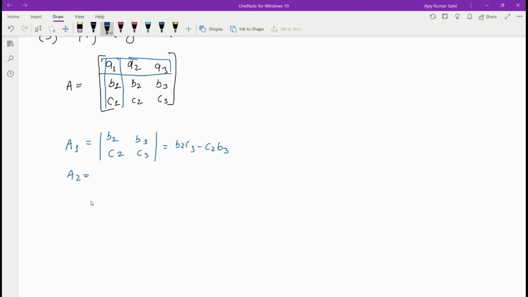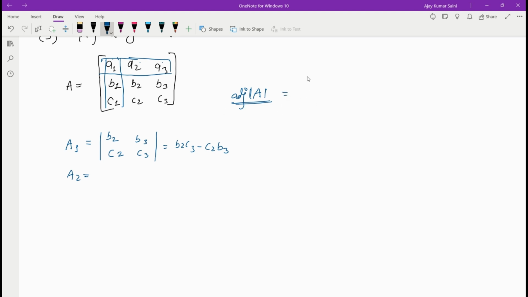Now see here, I take capital A1 for this, A2 for this, A3 for this. Okay. So the final result of the adjoint of this matrix, which is denoted by adjoint of A, comes from the determinant we found before.